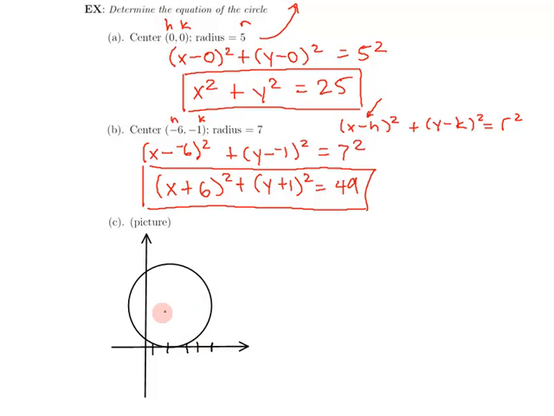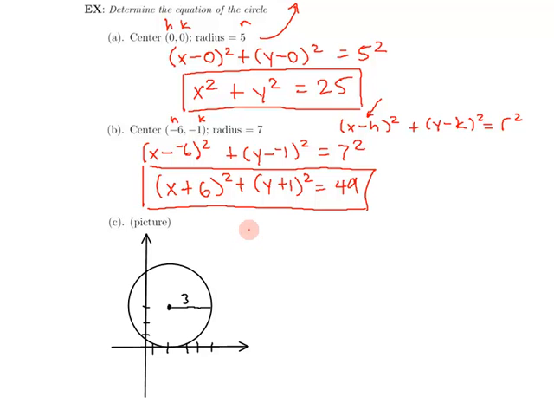Okay, and let's say the center is at 1, 2, 3, and so on. So right there is the center, and this distance right here, as you can see from the picture, is 1, 2, 3, a radius of 3. Okay, so let us determine the equation of that circle.